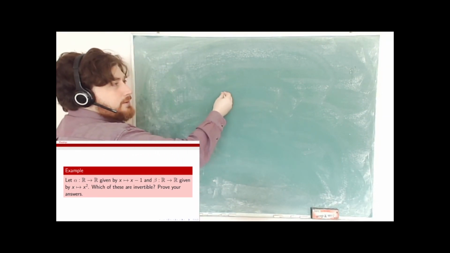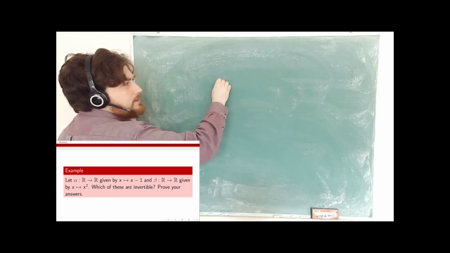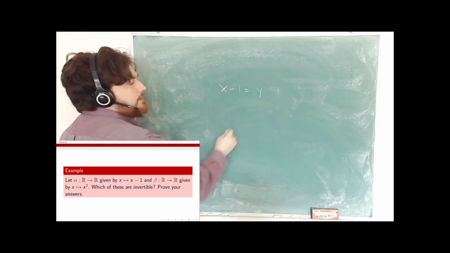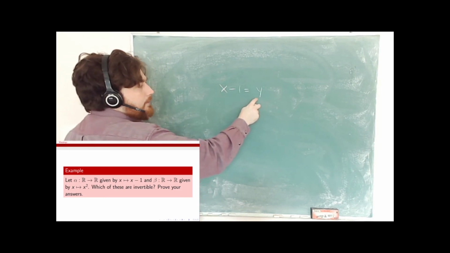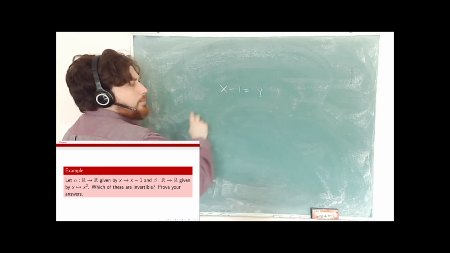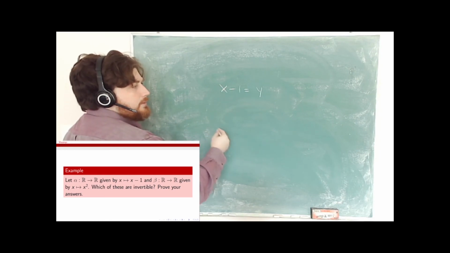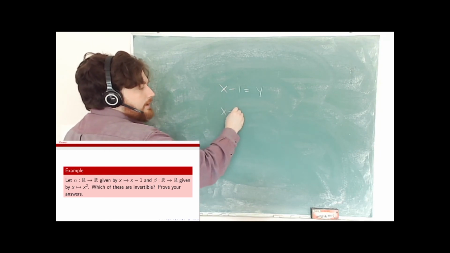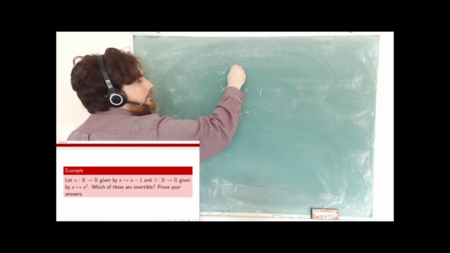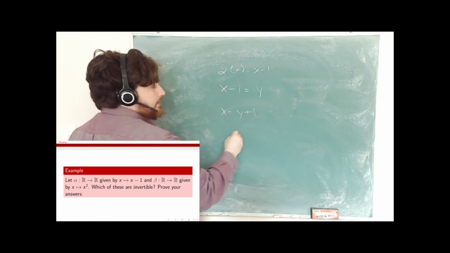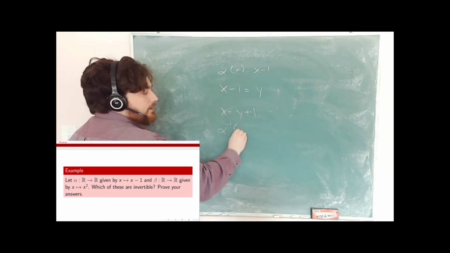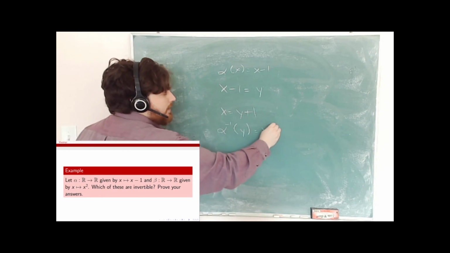Well, now I actually go through and do some calculations, and the point is that if x minus 1 is equal to y, can I find a function that will map y back to x? So what I'm going to do is solve for x in terms of y, and I get x is y plus 1. Therefore, if alpha of x is equal to x minus 1, we're going to define alpha inverse of y to be y plus 1.